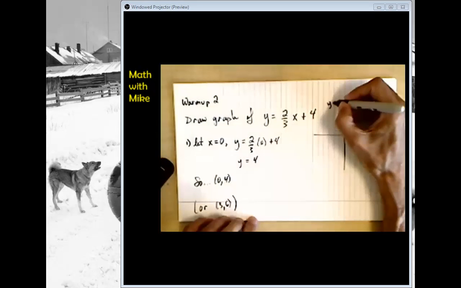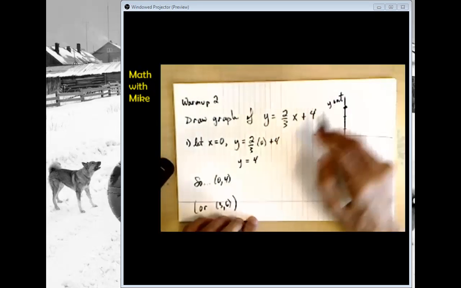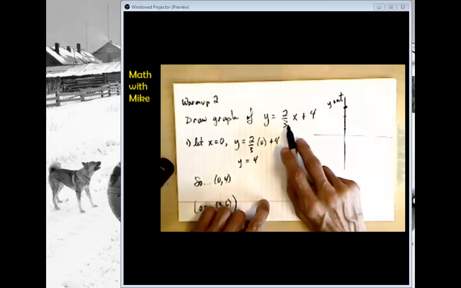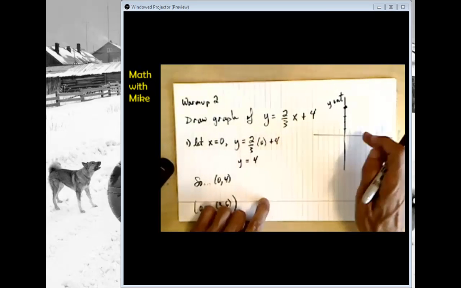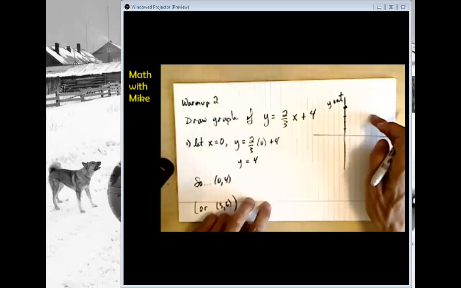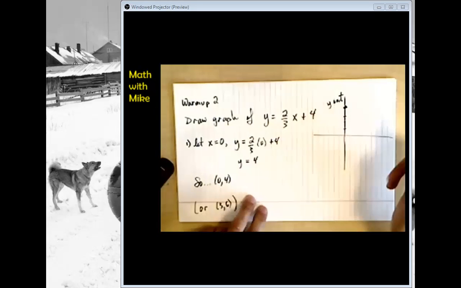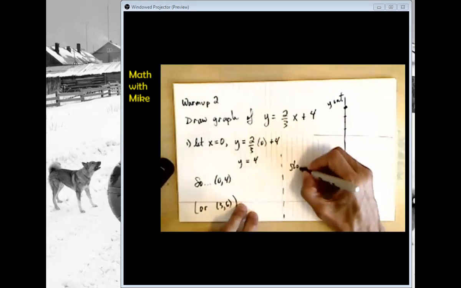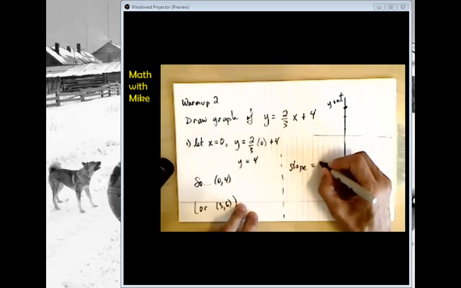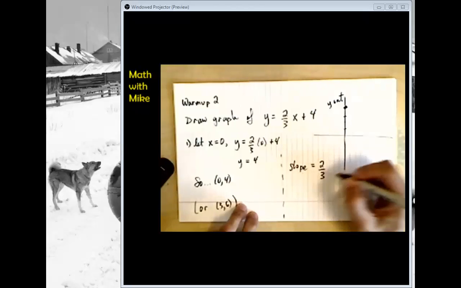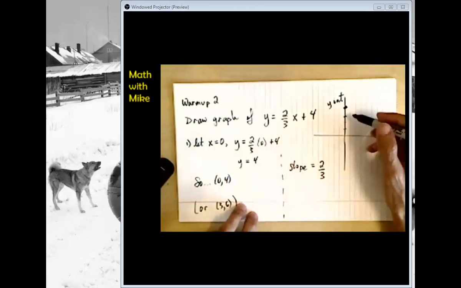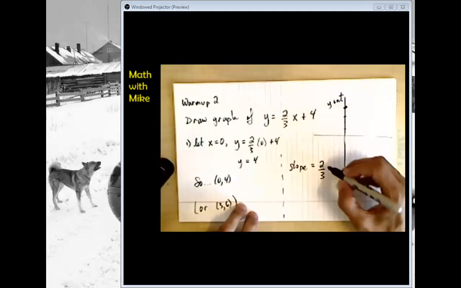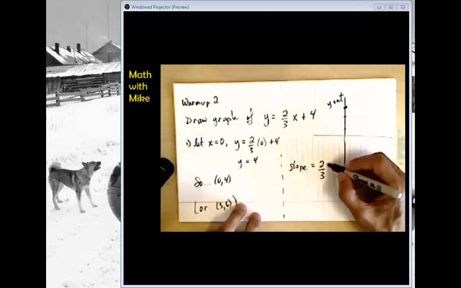And now remember, with the slope, we can use rise over run to get to the next point. Since the slope is 2 over 3, let's work this out. What does the 2 on the top represent?